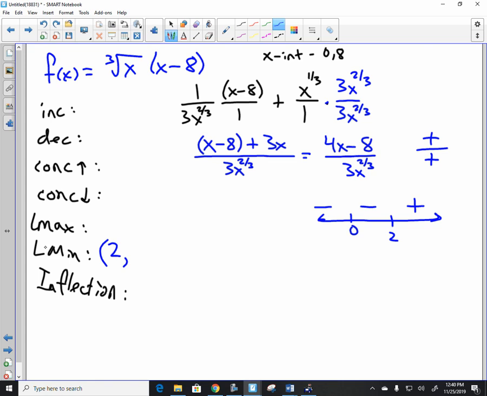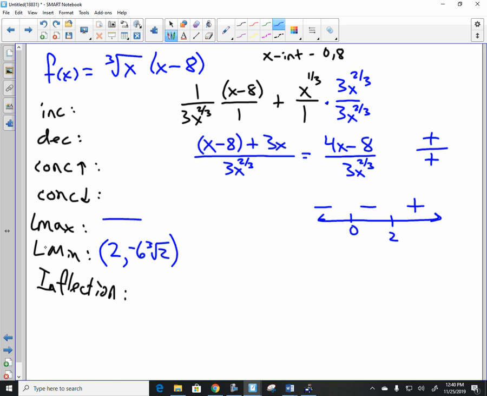And if I plug in 2, I get -6 times the cubed root of 2. Do I have a local max? No. Where is it increasing? Because it never changes from positive to negative.